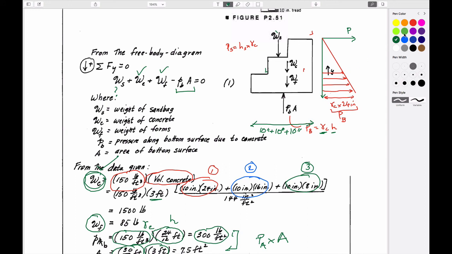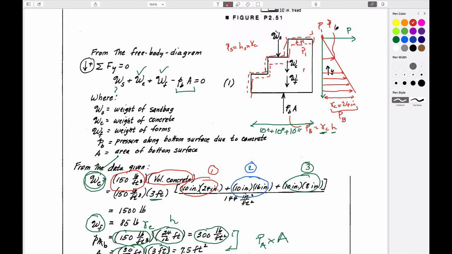The other free body diagram you could do is one that, again, goes on the top of the form like this, but then goes through the form like this. And it completely ignores the weight of the concrete. Now, the reason I didn't get rid of this is because we know that the pressure on step 1 would be this magnitude, which is 0.